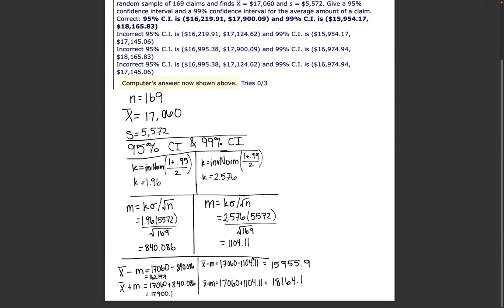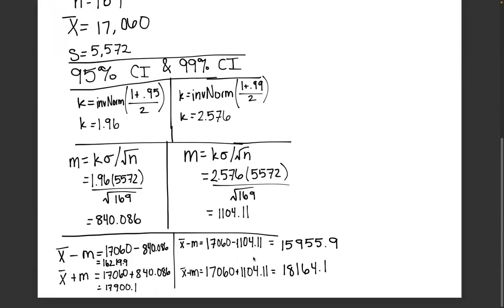And then for the 99% confidence interval, we would do X bar, which is the same as before, 17,060, minus our M, but our M is different in this confidence level, so our M is 1,104.11, and that gives us 15,955.9.